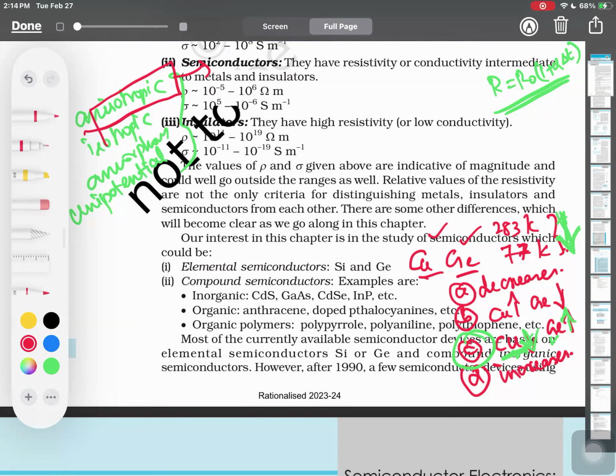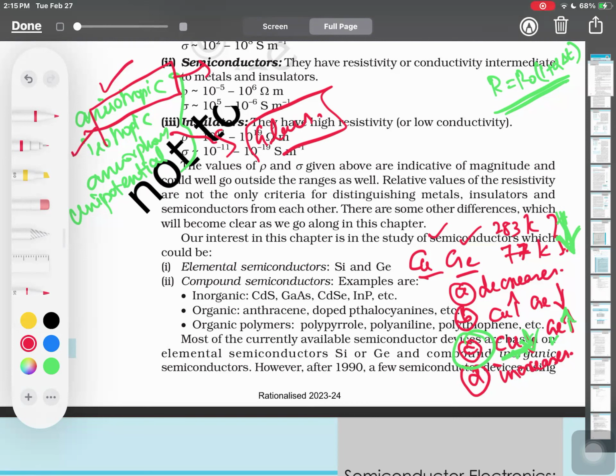Suppose what is an amorphous solid? An amorphous solid is a non-crystalline solid, for example glass, in which the atoms and molecules are not organized in a definite lattice pattern. The remaining are crystalline, isotropic or anisotropic.